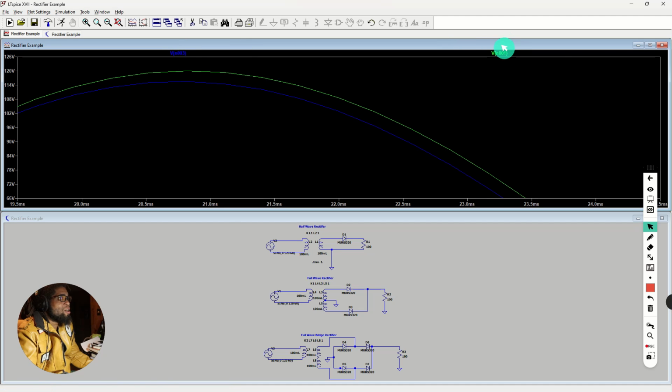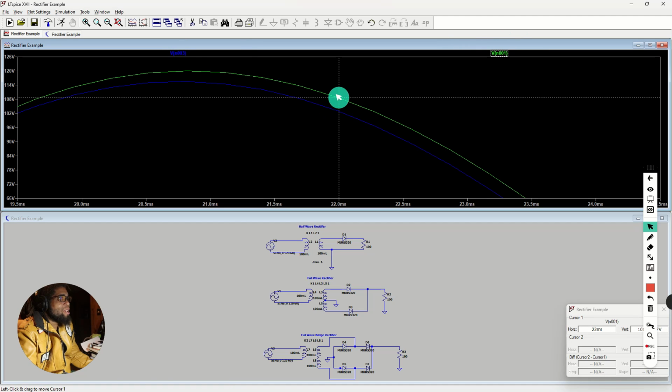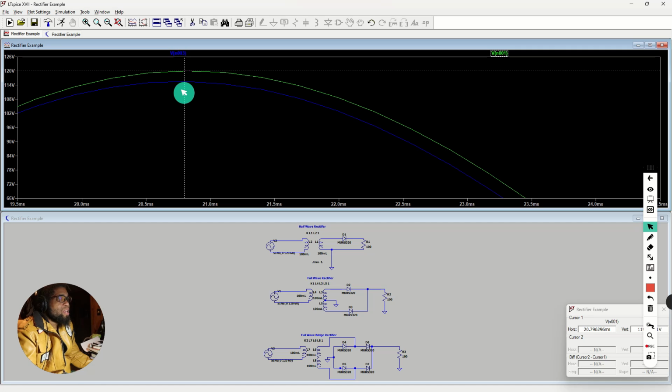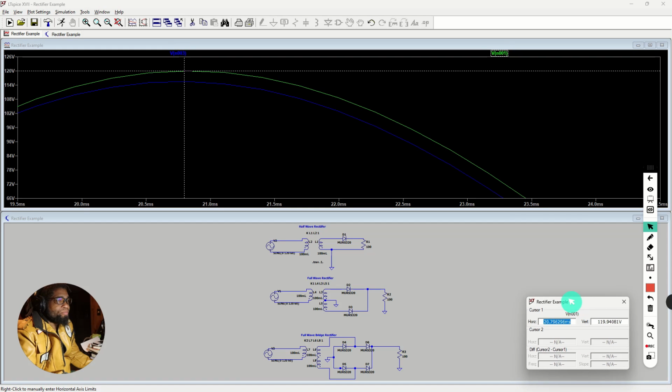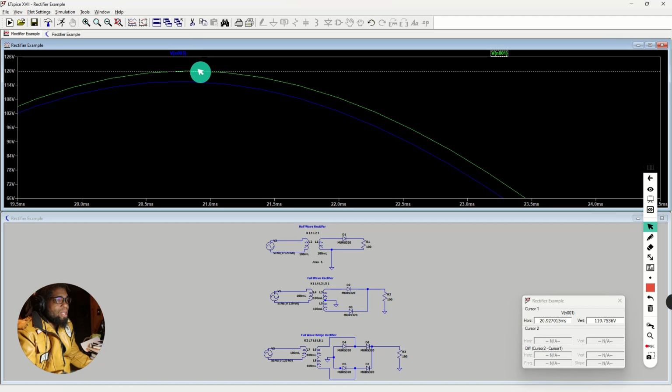If I want to, I can put a line on it and see exactly where it is. Okay, so at its peak, you're looking at 119.97 volts, okay? So we can just round that to 120, right?